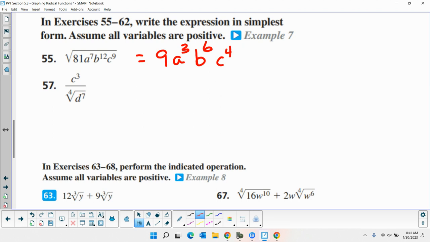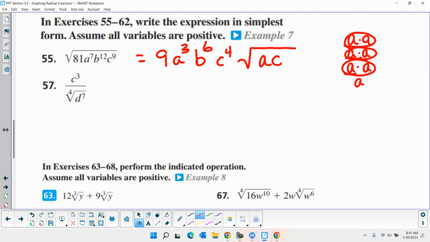Now, for the A's and the C's, there's an A left over and a C left over. You with me? So I have to put that still under the square root symbol. Again, if I do all the A's, there's 7 A's. I got 3 groups of 2. So that's why it's A to the third.